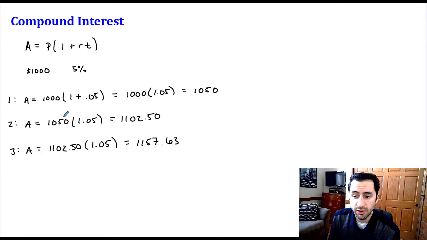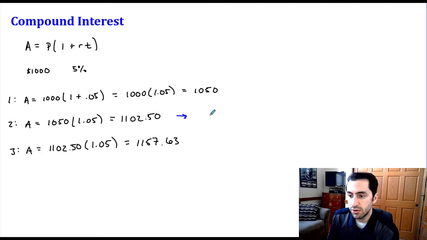Now looking at the pattern we have, in year 2, I took $1,050 and multiplied that by 1 plus my rate. But if I think about where this $1,050 came from, that came from my previous year with a similar calculation.